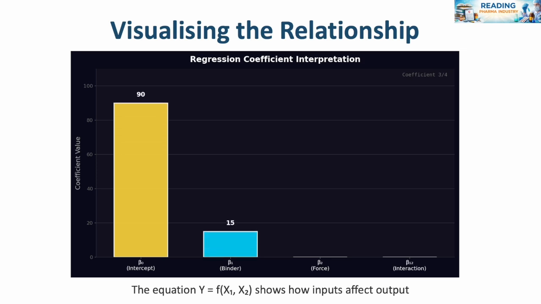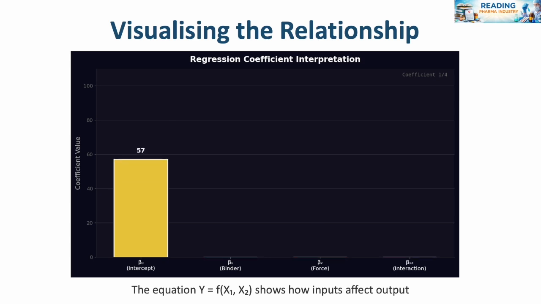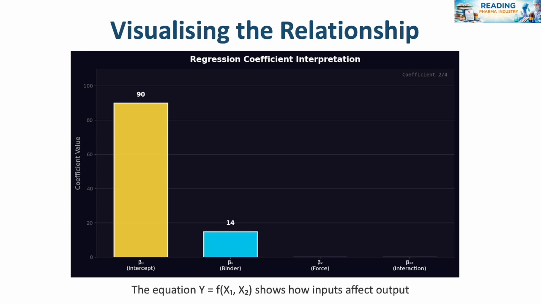So here is the mathematical way we can express what we just discussed. Y equals f of x1 and x2. That means Y is a function of x1 and x2. In other words, the value of Y depends on the values of x1 and x2. So from the name, Y depends; it's a dependent variable on the values of x1 and x2. x1 and x2 are independent variables.